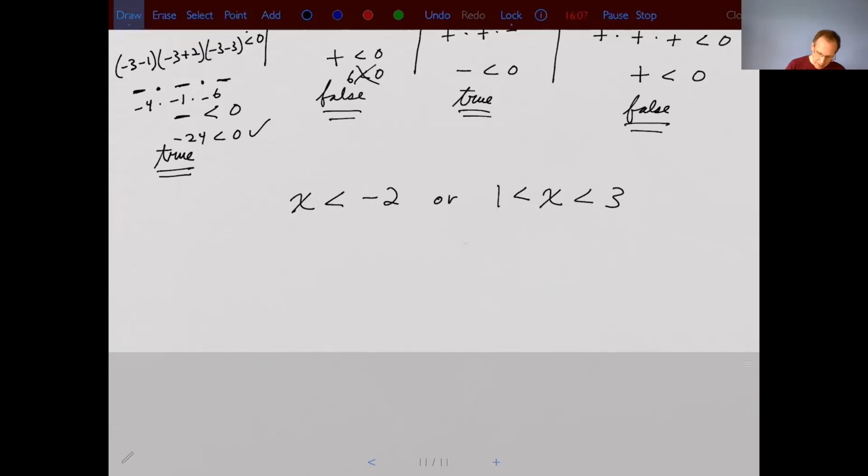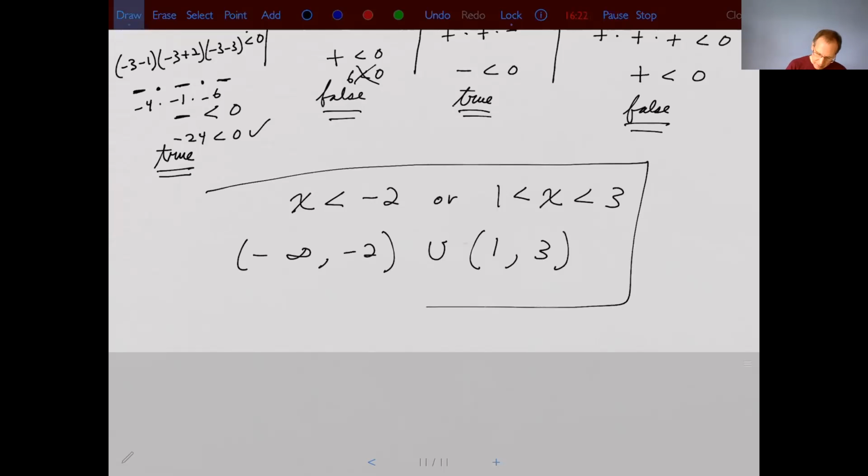In interval notation, we can write this as (-infinity, -2) union (1, 3). So that would be the solution for that inequality.